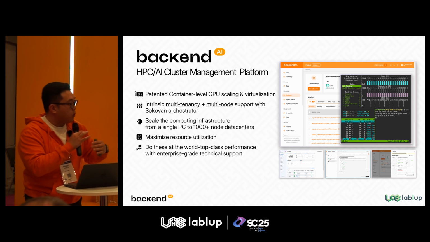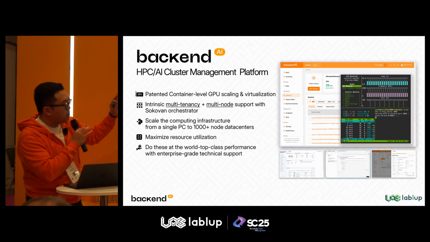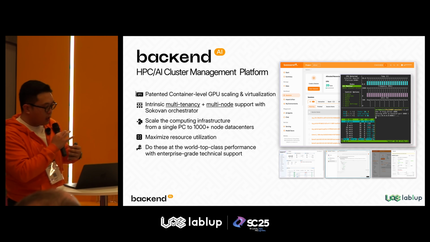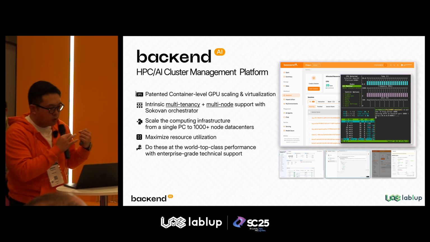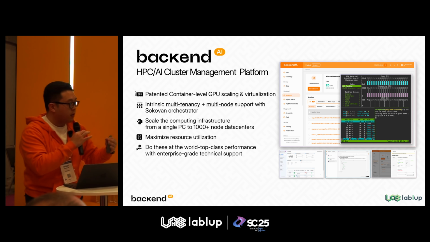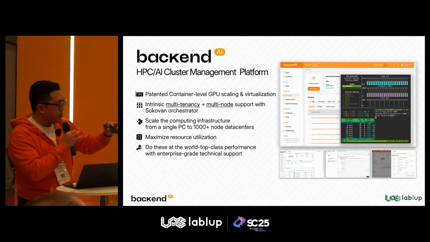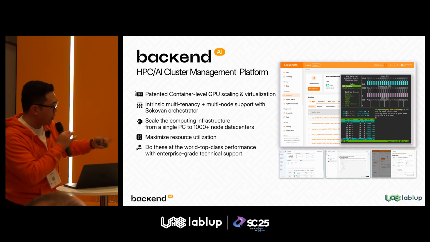Based on this tech, we built our in-house orchestrator, including intrinsic multi-tenancy and multi-node support from the start. It can run on a single PC, or scale up to 1,000 nodes as a data center from a single platform. Our main goal is to virtualize and containerize, so maximum resource utilization is what matters most.